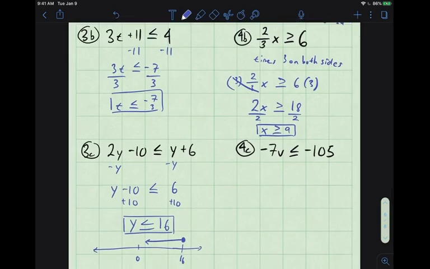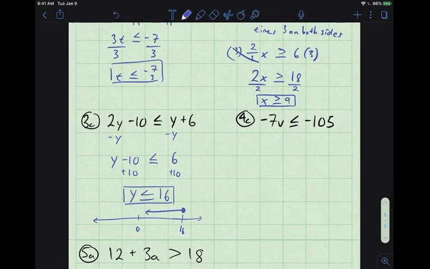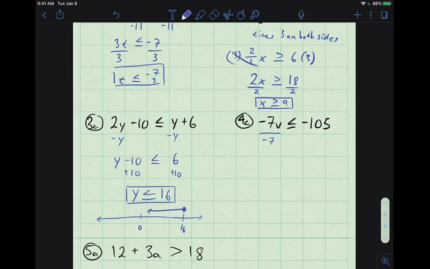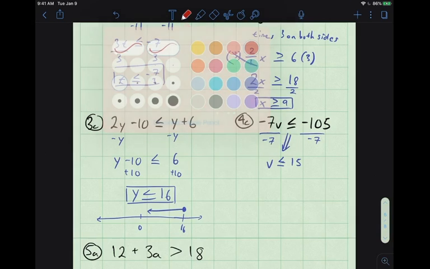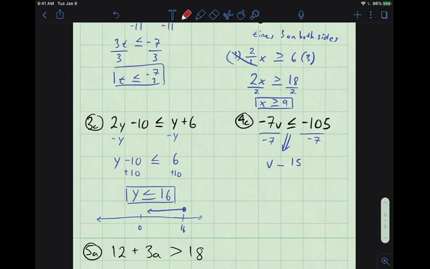So in this example, we have that dividing by a negative number again, and this is where I can demonstrate the flipping. Okay, divide by -7, divide by -7. v is less than or equal to positive 15, right? But notice here, we have to switch the sign over. So really, this thing should be greater than or equal to 15.